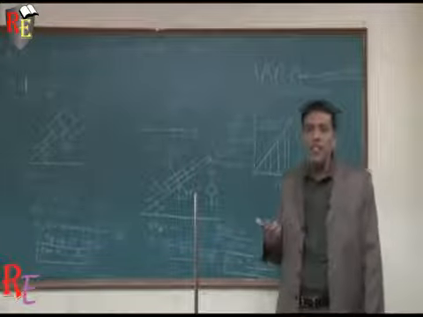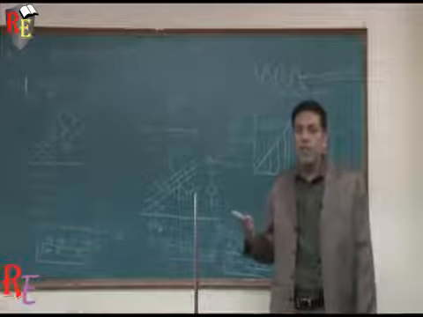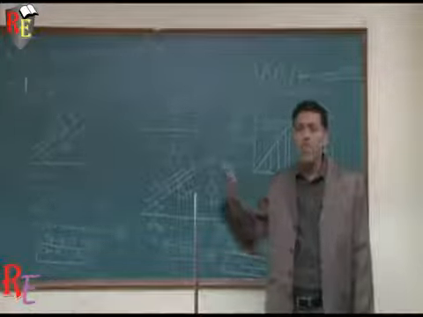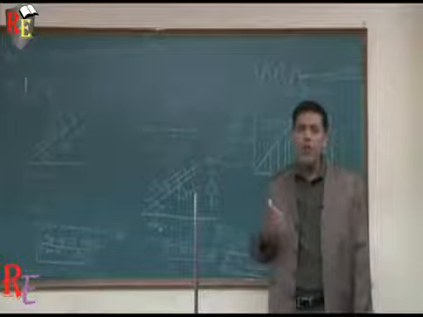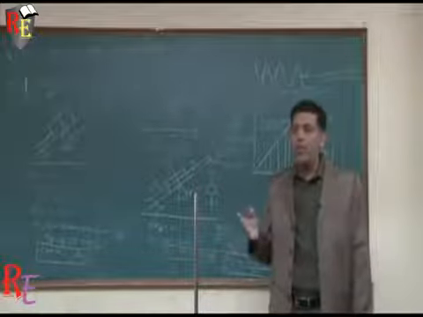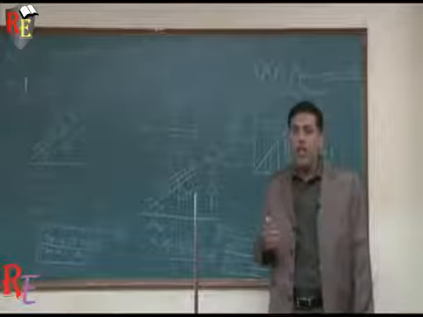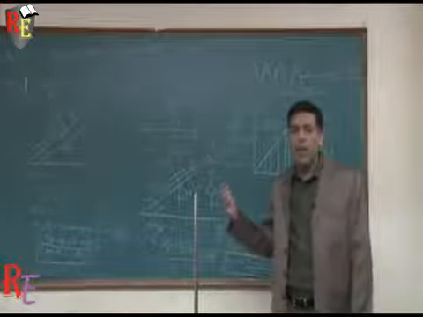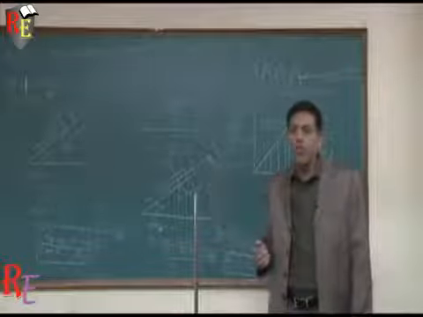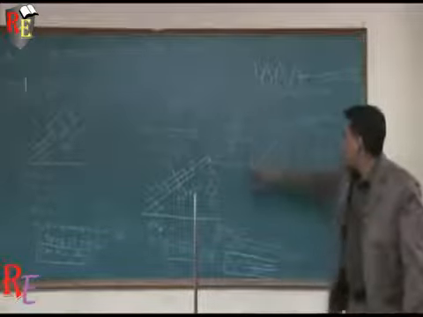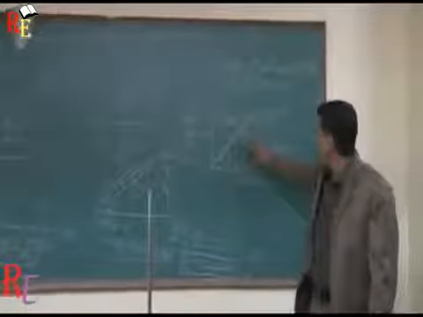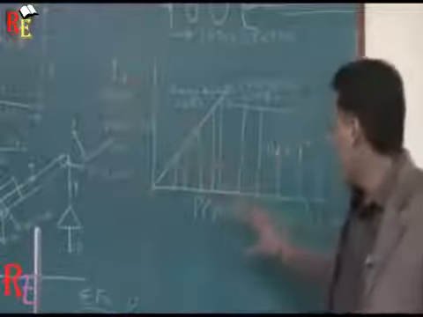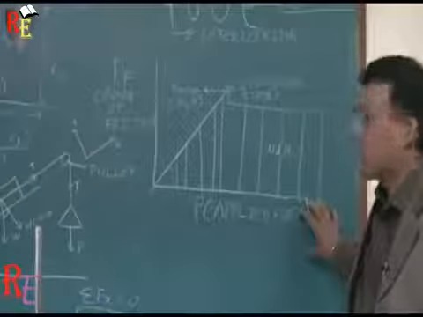Its minimum value is 0 and maximum value is mu s N, and it can be beautifully shown by the graph between the effort applied, or the force applied, and the force of friction. This graph has the force of friction on the y-axis and the applied force on the x-axis.